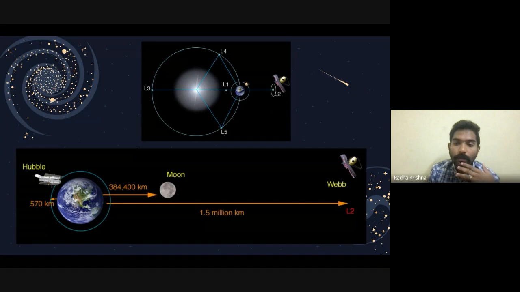As for destroying them, there are some recent ground-based instruments. They emit very high-powered lasers, which can actually fragment these asteroids or meteoroids. When you focus this high-power laser on those meteors, they get fragmented. And when they come to Earth, they burn, right? So that's how it is done.